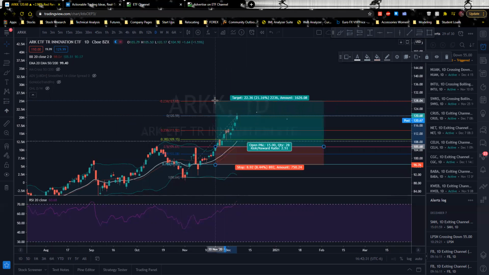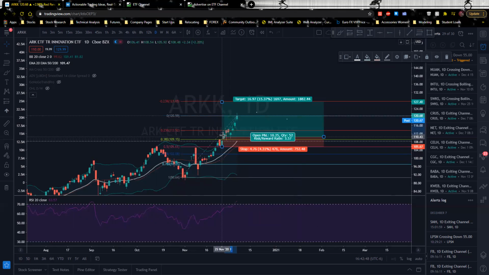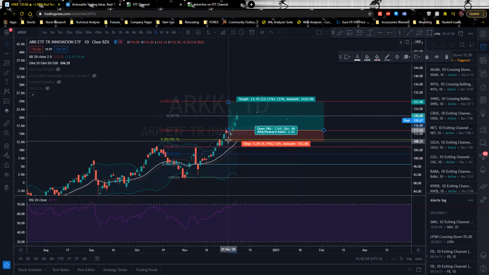So let's say you target here, and you make your entry at this level, and then you make your stop loss here. So you have a risk reward ratio of 3 to 5, which is pretty good.